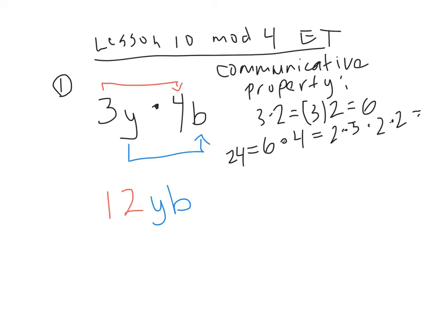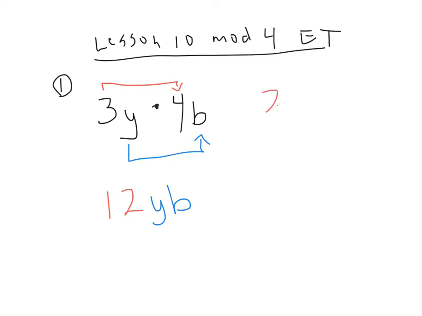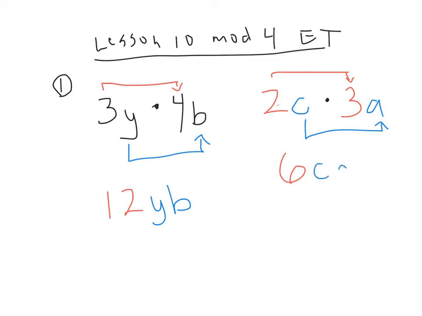Another example of that is if we had 2c times 3a, well, the commutative property says that we can group these together to make them smaller, more compact, and it won't make any difference in the answer.